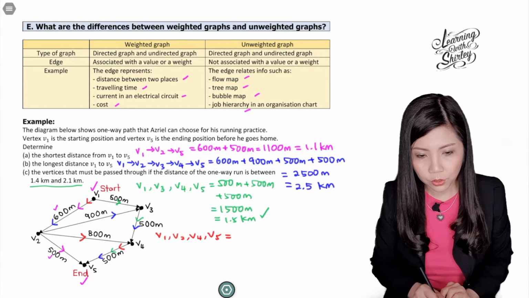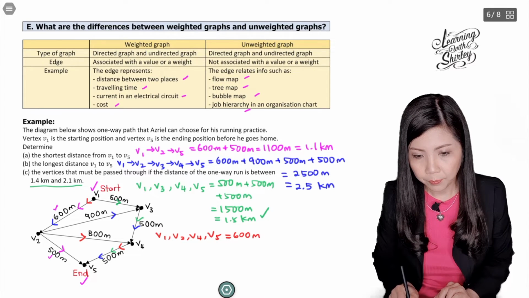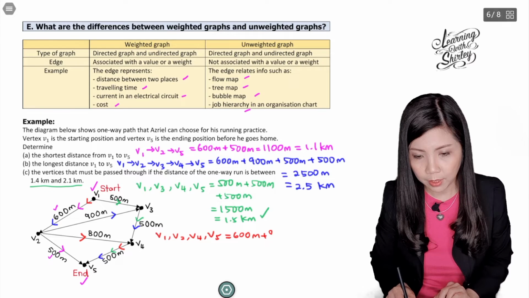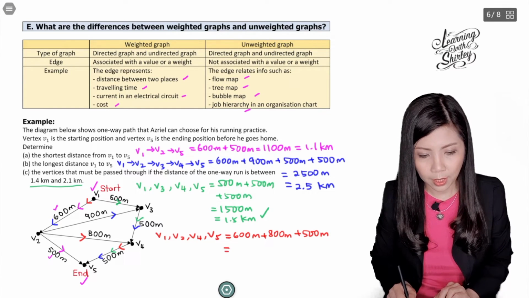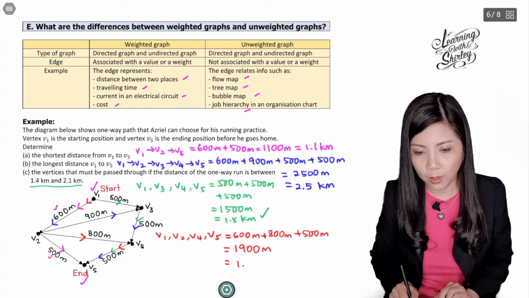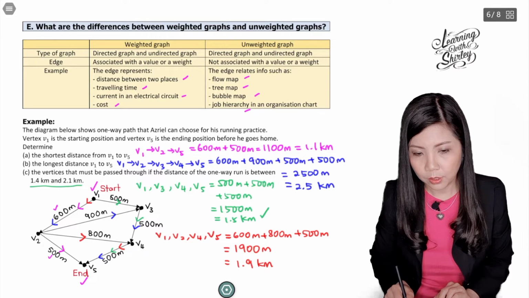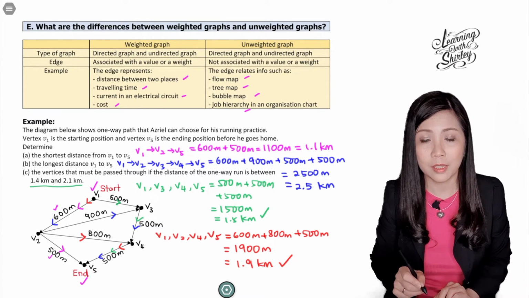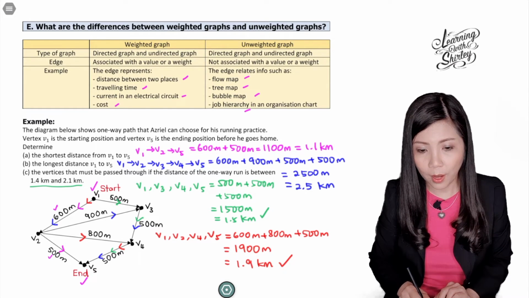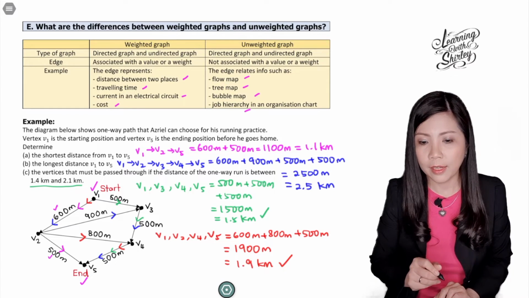V1 to V2 is 600 meters, then V2 to V4 is 800 meters, and V4 to V5 is 500 meters. Let's add this together. We'll get 1,900 meters. So we convert to kilometer, becomes 1.9 kilometers. So this is also between 1.4 and 2.1 kilometers. Therefore, the vertices that must be passed through are V1, V2, V4, and V5. So that is the answer.